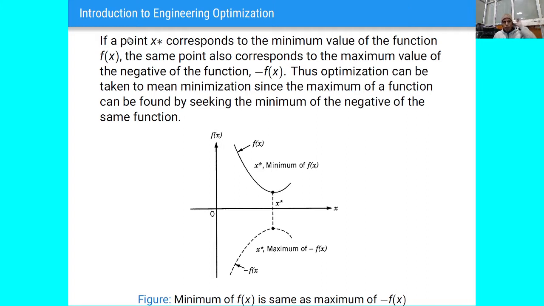So the point x star corresponds to the minimum value of function f(x).